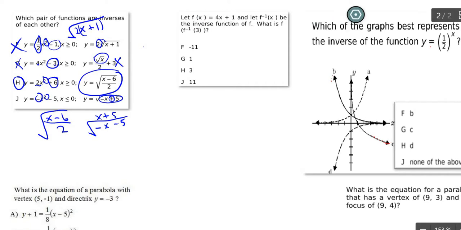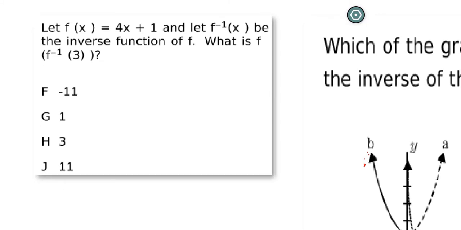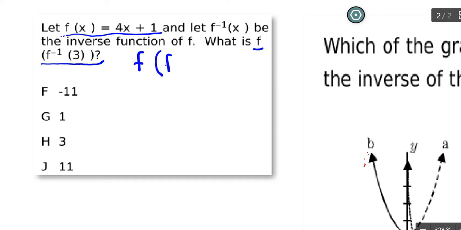The next one is this, which we did in class. This is a given function to us. We are going to find f of the inverse of 3. Let me write it properly because the f is standing by itself. We're looking for f of f inverse of 3.